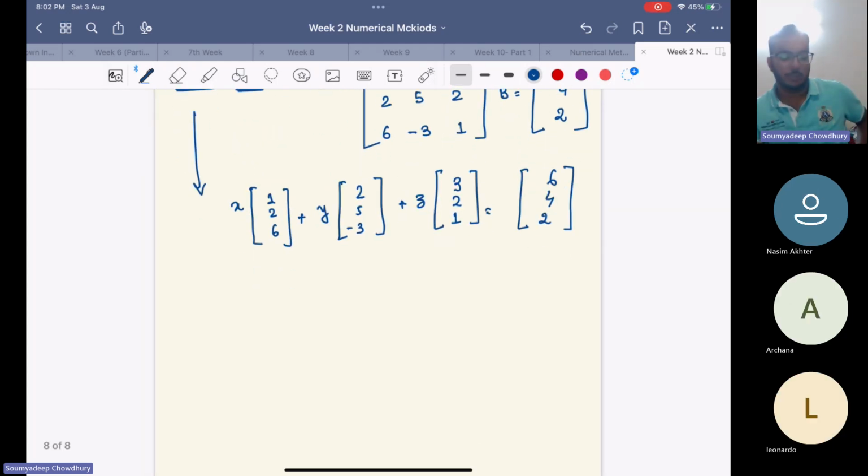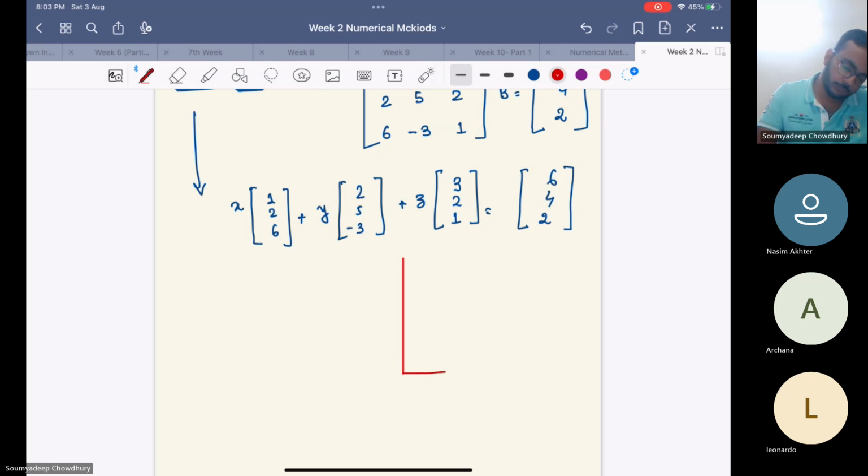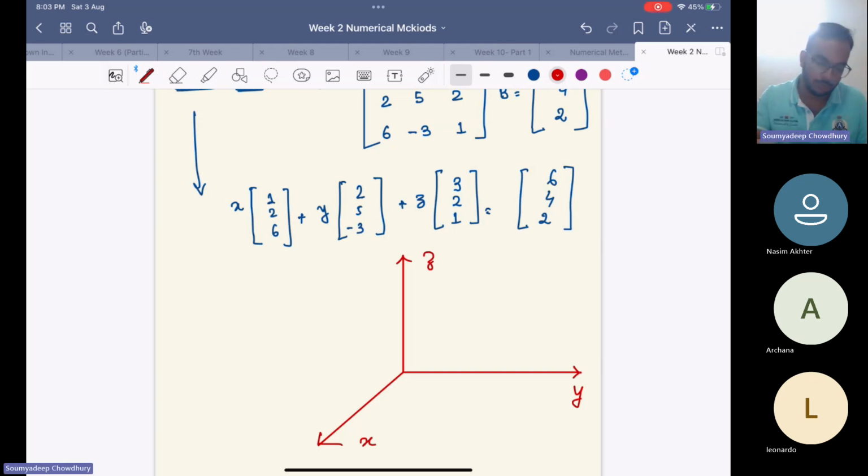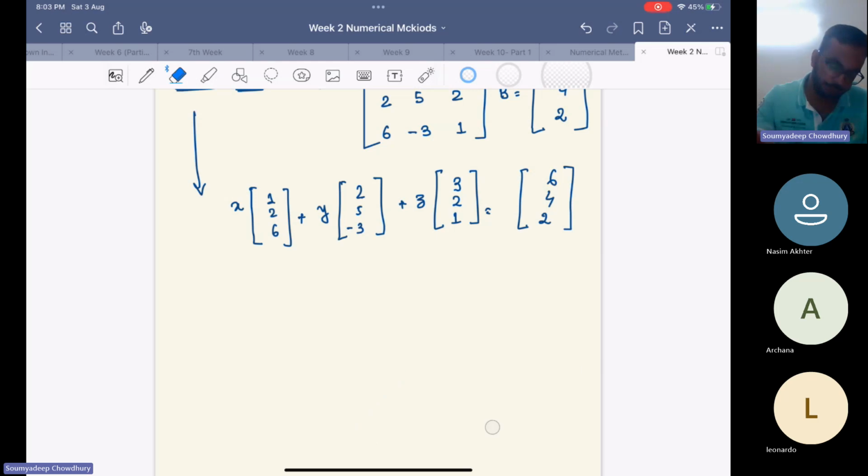X, y, and z will multiply. Now if I try to plot it in the graph, it is a bit difficult to draw here. So suppose you have three vectors, right?